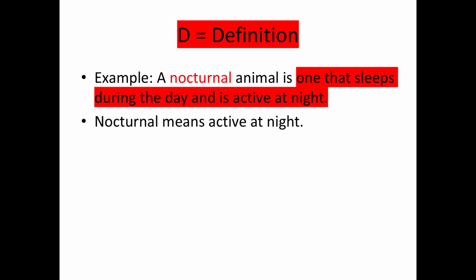Definition. That will help me find the meaning of words I don't know in a sentence. A nocturnal animal is one that sleeps during the day and is active at night. Wait a minute. It just says it is. When we see the word is, that's helping us to get a definition.